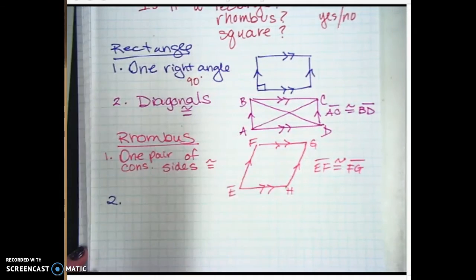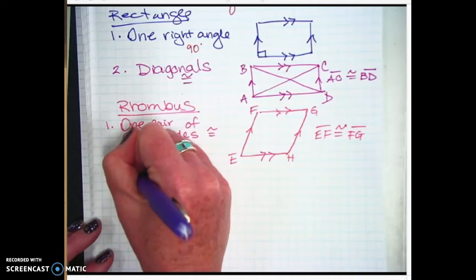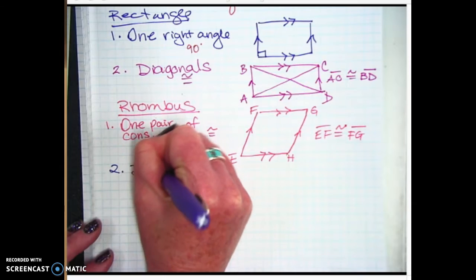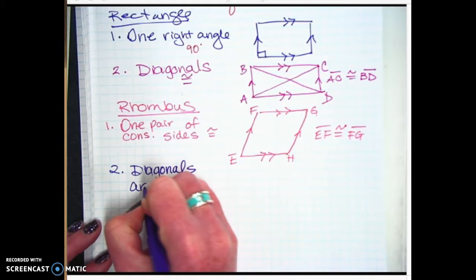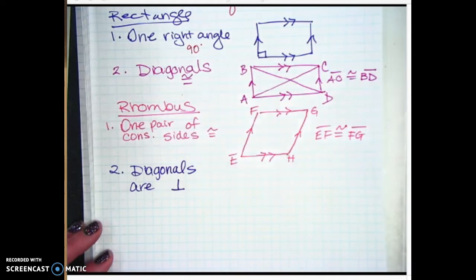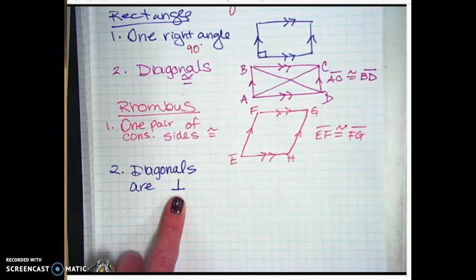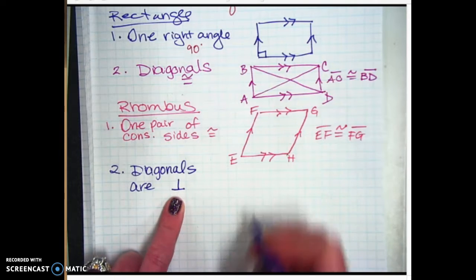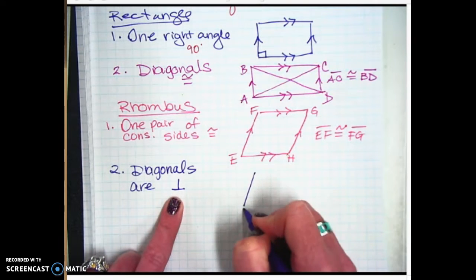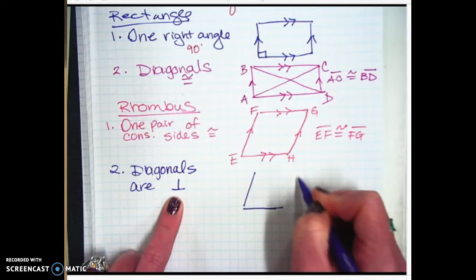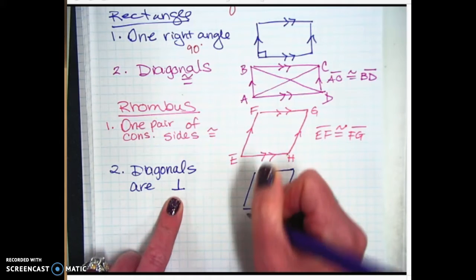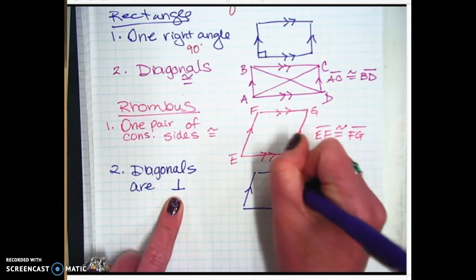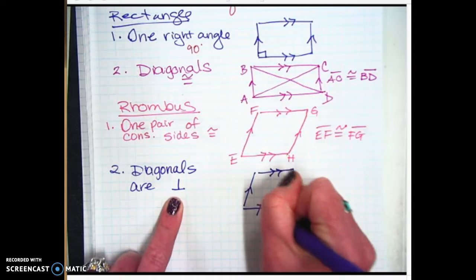Condition number 2 on a rhombus is that the diagonals are upside down capital T. What does the upside down capital T symbol mean? Perpendicular. Good. Okay, so we're going to draw another rhombus. It just looks like a parallelogram, with opposite sides parallel.